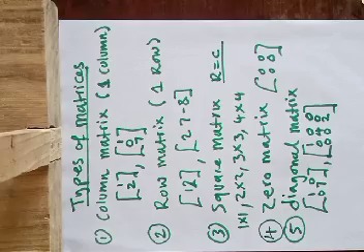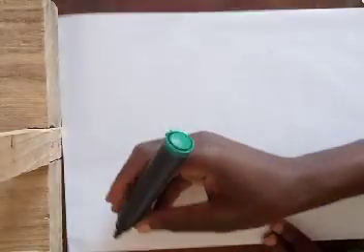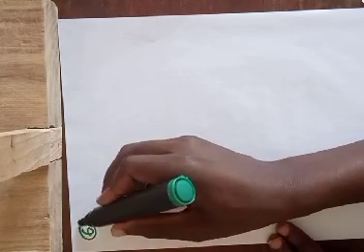Okay, so the other aspect that you should know, I thought you should equally know the last type of a matrix. We are still on types of matrix. This is number 6. So the other type of a matrix here that you should know is an interesting one. This is called a unit matrix. What is a unit matrix?